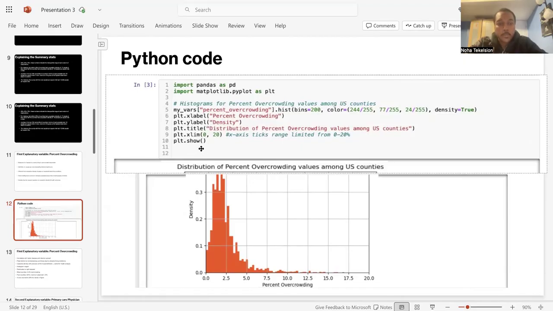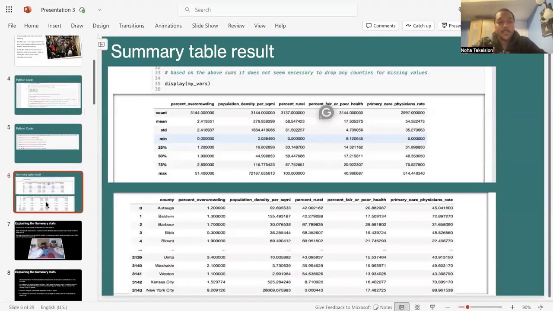Where did I use? Oh, I had the X axis limit from 0 to 20. I didn't use the zoom function. I used the xlim function. But let's go back a few slides to the summary table, and let's look at the minimum and the maximum. The maximum for percent overcrowding is actually 51%.